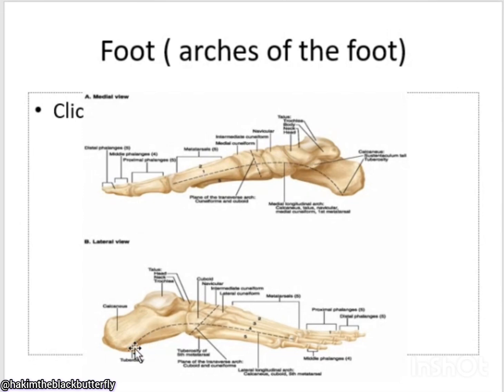Whereas the lateral longitudinal arch is made up of the calcaneum, which is 1, the talus, which is 2, the cuboid, which is 3, and then metatarsals 4 and 5, which is 5 bones. So the medial longitudinal arch is made up of 9 bones, and the lateral is made up of 5 bones.